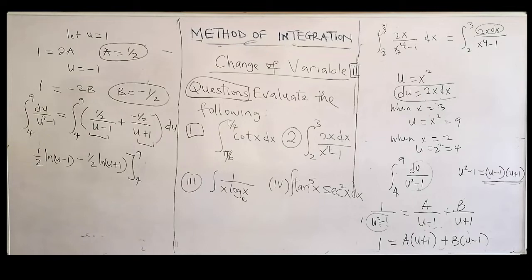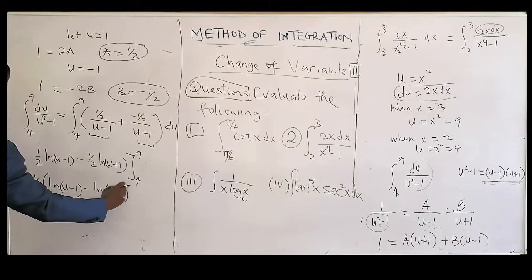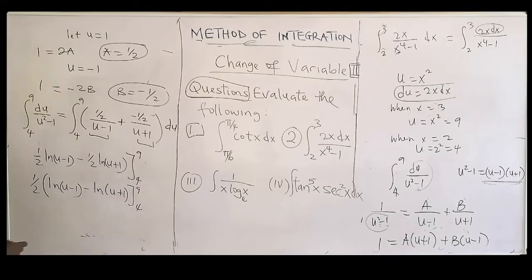But before we put our values there, can we combine the logs together? Half is common, so we can take that half out. Then we have ln u minus 1 minus ln u plus 1, from 4 to 9. So that will be equal to half into bracket ln of u minus 1 over u plus 1. Now we can substitute.